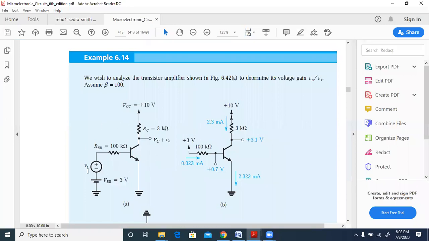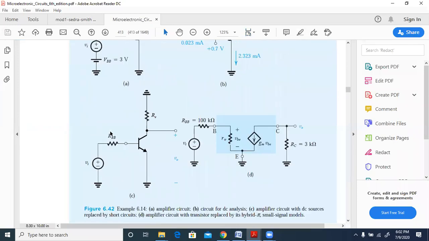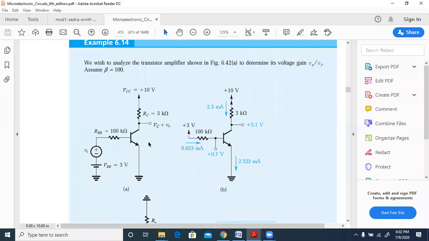We need to consider that we don't have RBB. Only RC is given, and the emitter is grounded. We are still not given the value of RBB in that problem.